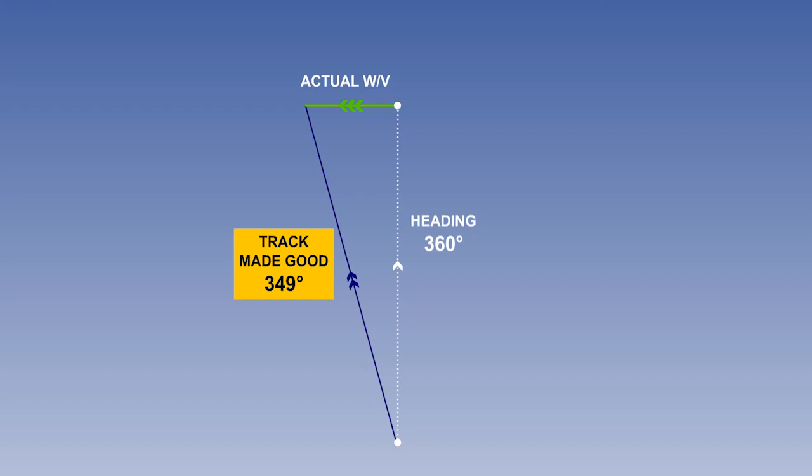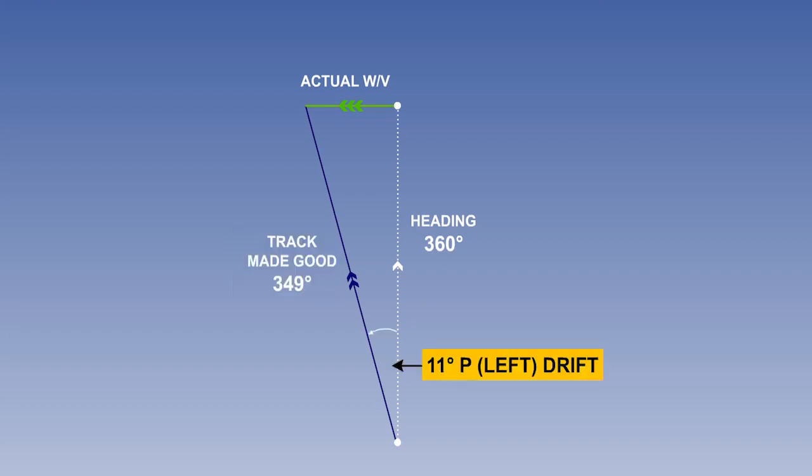We know this because the track error was 6 degrees to the left of the planned track of 355 degrees. So, if our heading was 360 degrees, and our track made good was 349 degrees, we were drifting 11 degrees to the left.